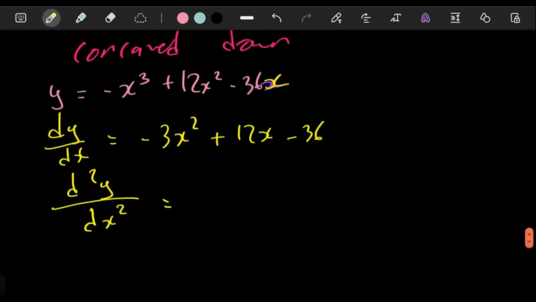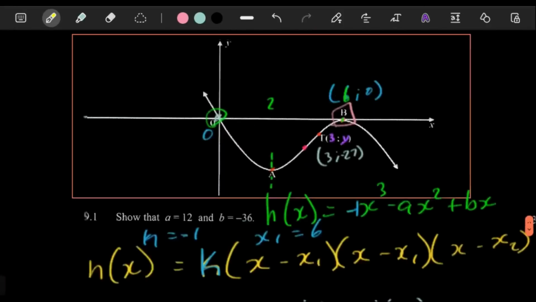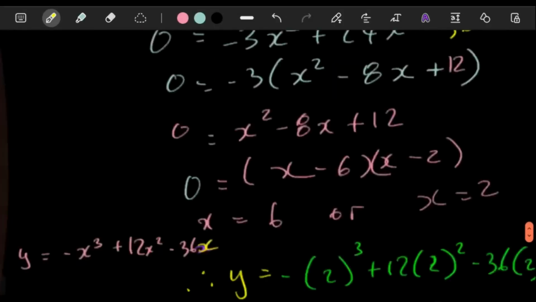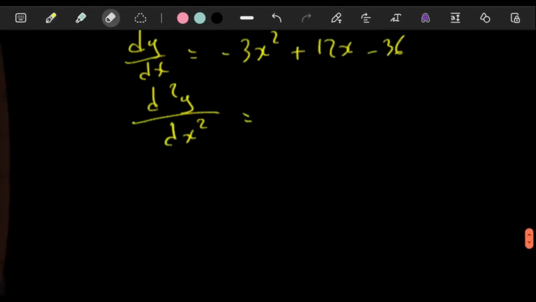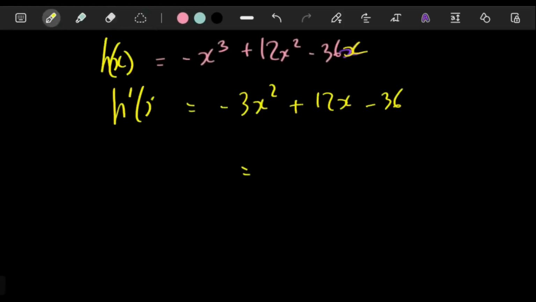To not get caught in the mud of all this, this is written as h of x, so let's just refer to it as h of x, so that when you're differentiating once, twice, it's easier to see. So here it's negative 6x plus 12.